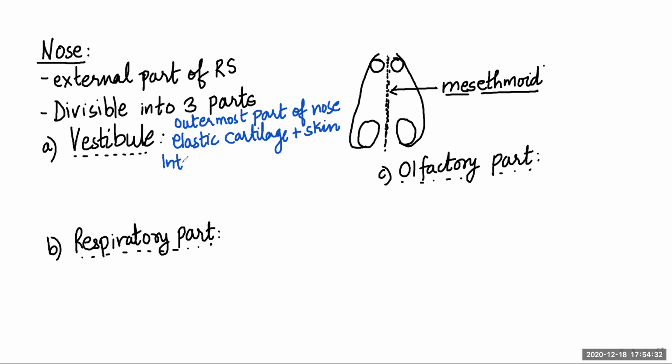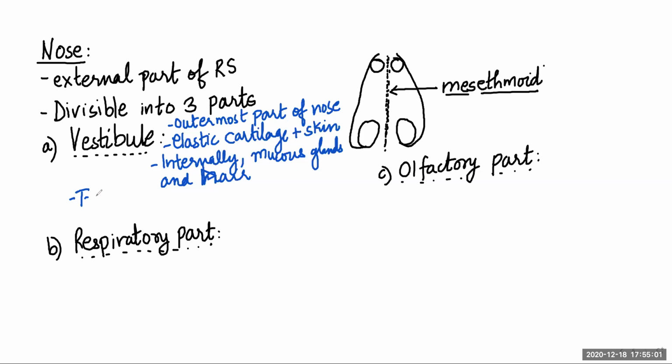Internally, the vestibule will have mucus glands, but primarily it will have hair. So it will have mucus glands and hair. Now what's the function of mucus glands and hair?